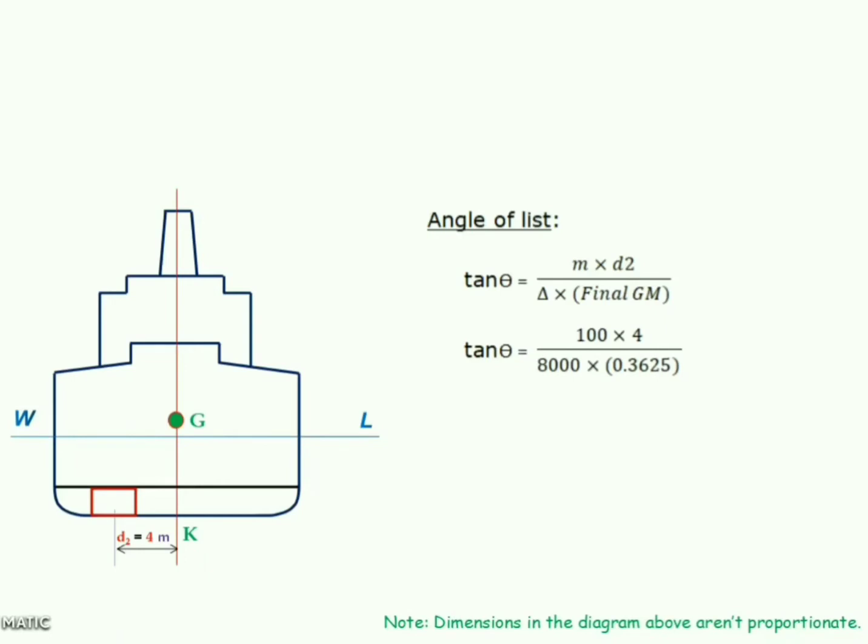After removal of 100 ton, the ship's displacement is 8,000 ton and final GM is 0.3625 meters. Let us substitute all these in the above expression.